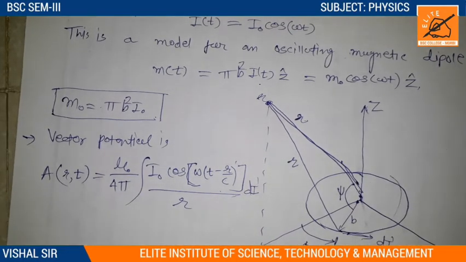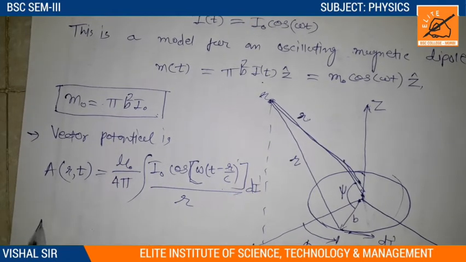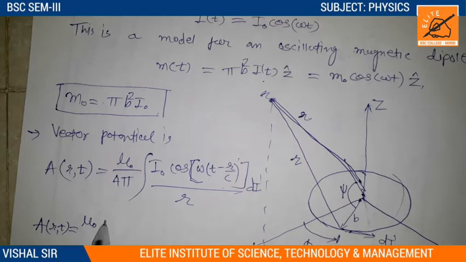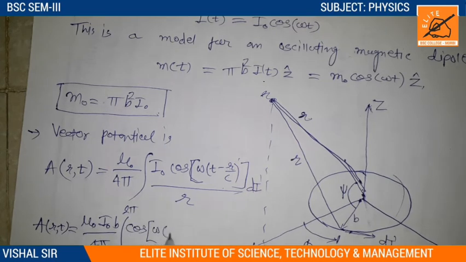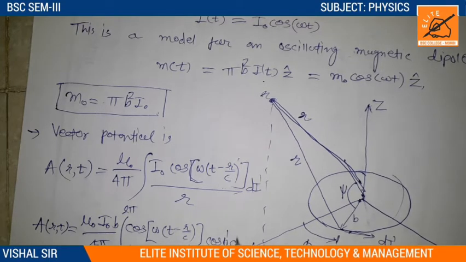So we can write A of r comma t is equal to mu 0 I0 b upon 4 pi integral 0 to 2 pi cos omega t minus r upon c, upon r, cos phi dash d phi dash.